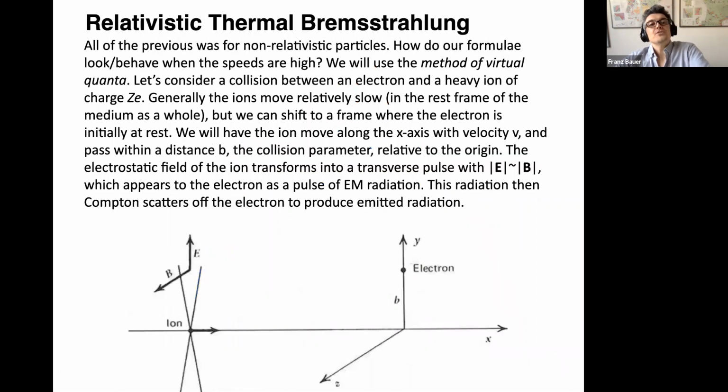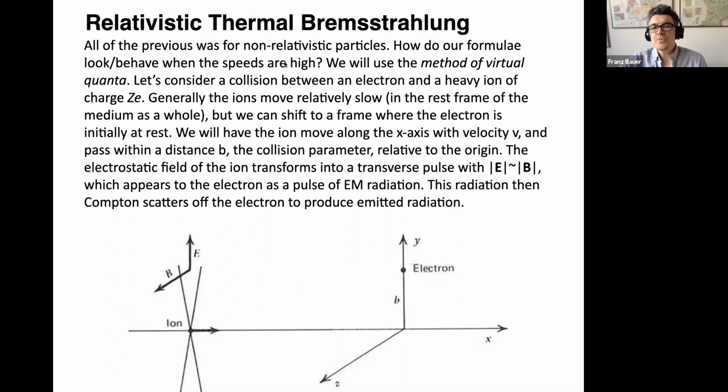Right. So let's now think about what modifications we have to make in order to take into account relativistic Bremsstrahlung. Where in our formula do we have to make modifications to deal with high speeds?